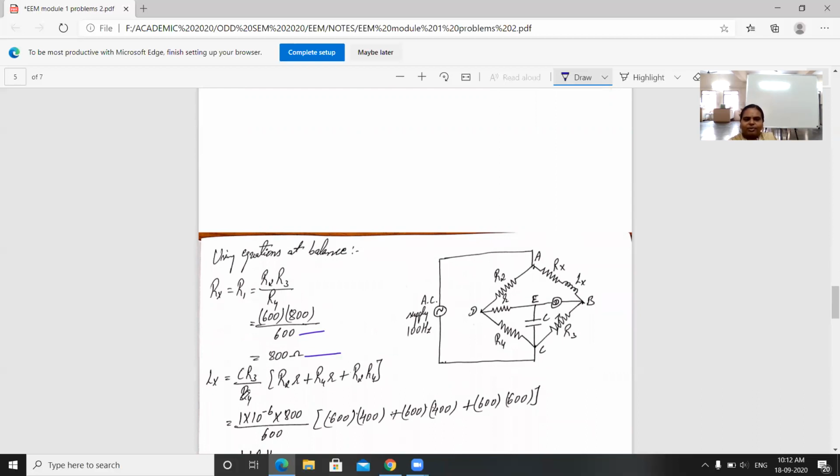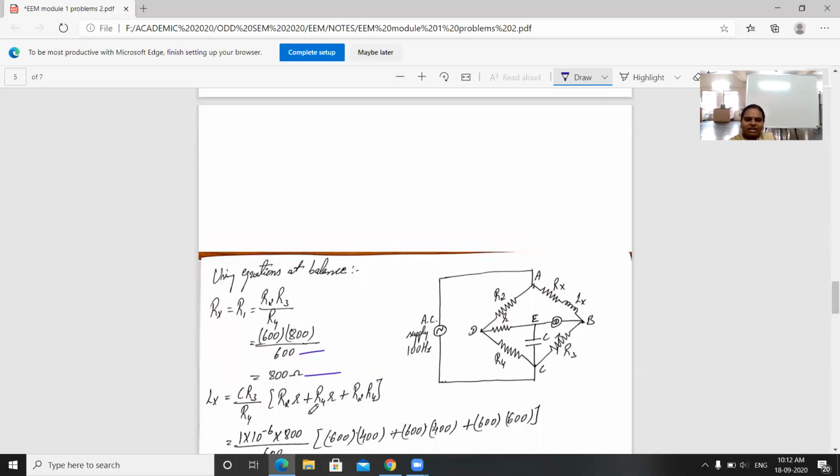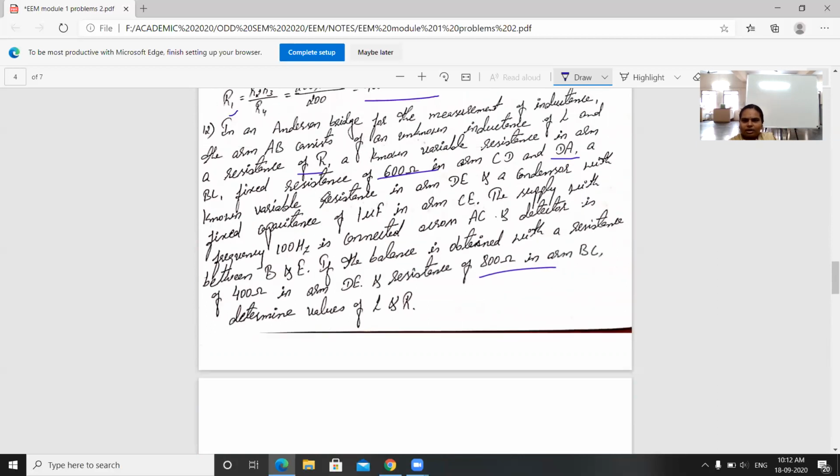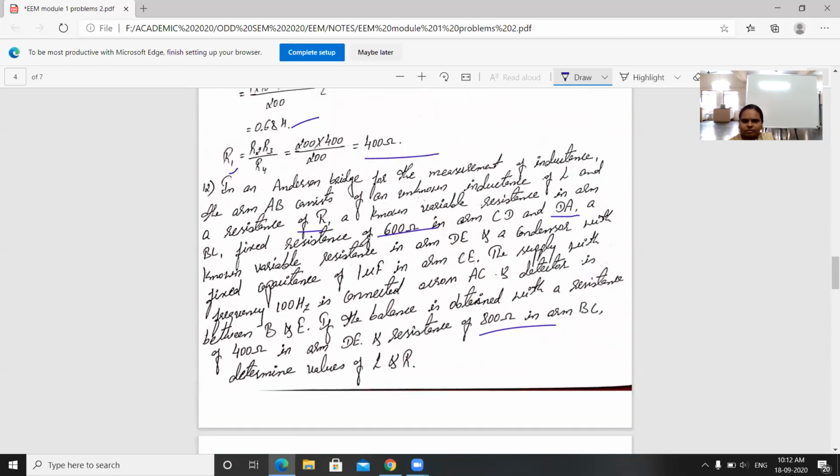What is our Lx? C into R3 divided by R4, times R2 into R plus R4 into R plus R2 R4, whole divided by R4. Just substitute the values. Capacitor is taken as 1 microfarad, 1 into 10 raised to minus 6, and R3 is 800. Then R2 is 600 and small r is 400, with 100 hertz given.